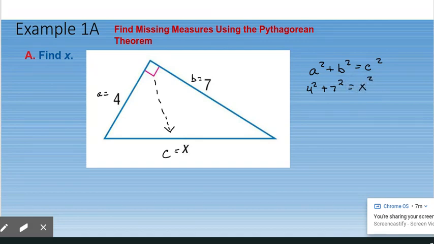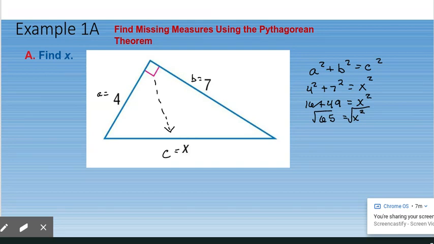Well, 4 squared plus 7 squared, that's 16 plus 49 equals x squared. 16 plus 49 is 65. And then to get my answer, the opposite of squaring is the square root.